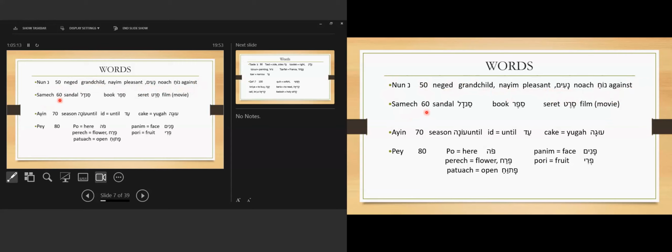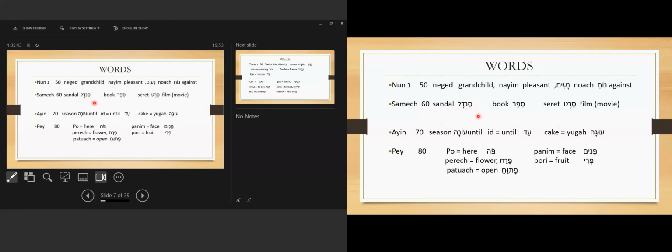I like it. Yud is 10. Yabesh is dry. The grass outside is dry. It's yabesh. And it is ya-a-ve-sh.